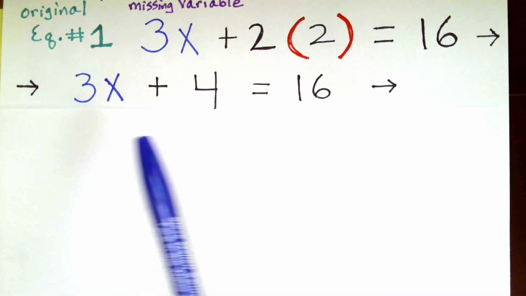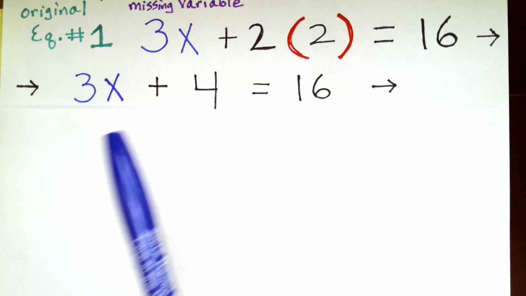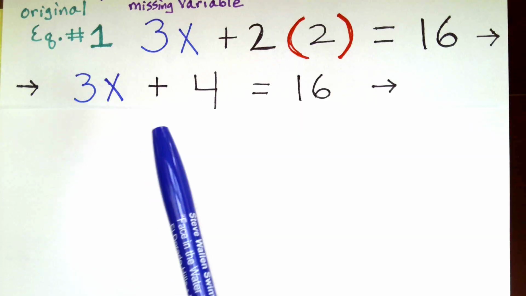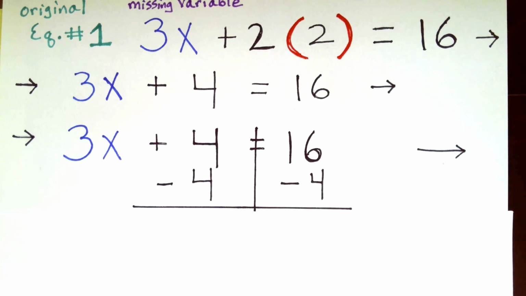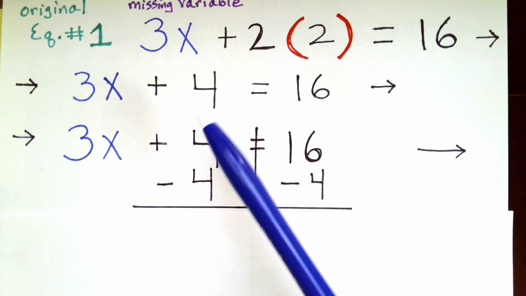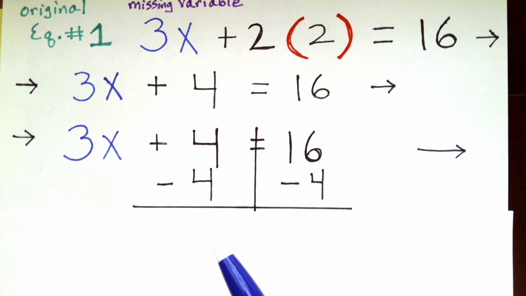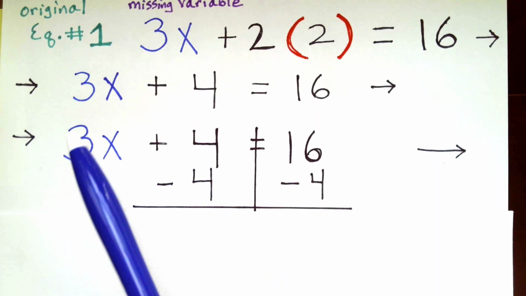Now, this is a two-step equation. It takes 2 steps to get the variable x all by itself. What is the first inverse or opposite operation that you would take? If you said you're going to subtract 4 from both sides of the equal sign, that would have been correct. One at a time, I'm going to eliminate terms attached to this x.